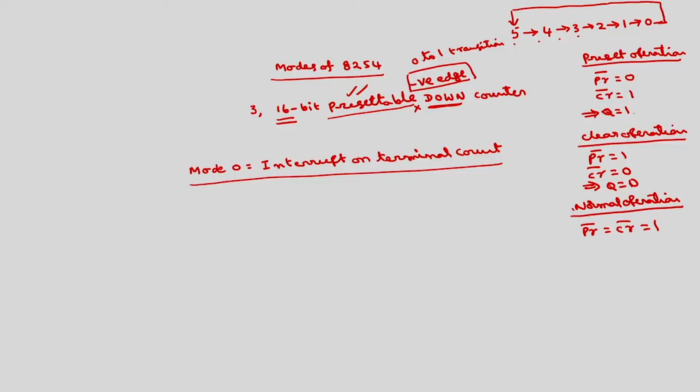So, we know that this 8254 has different signals like clock. Suppose I want to use counter 0, then you have to use clock 0. I am taking this square wave.